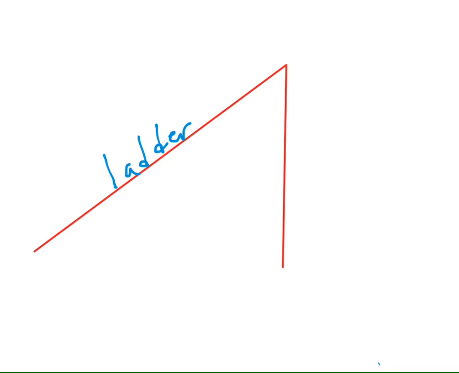Last one here says a roofer props a ladder against a wall so the top of the ladder reaches a 30-foot roof. So there, I'll make this my ladder. If you have it going the other way, that's fine. There's my ladder. And it goes up against a wall, which is 30 feet.